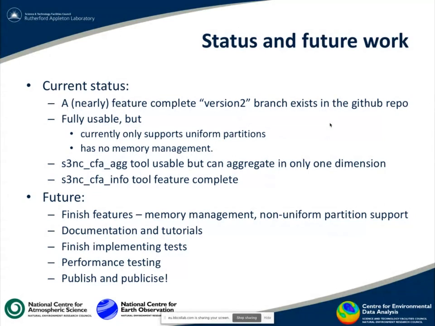So in the future, and by the future I think I mean the rest of this year, I need to add the memory management and some non-uniform partition support, and then document and finish the testing and write a paper and publicize, and hopefully get some other people to collaborate and contribute.